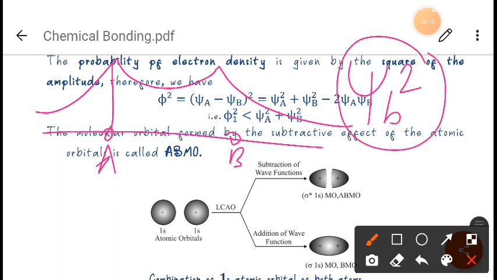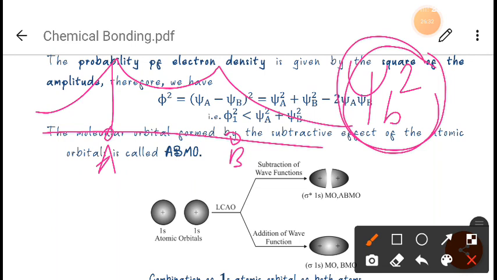So if we increase the value of psi b, the greater will be the charge density between the two nuclei and the stronger will be the bond between them, right? Higher the value of this psi b square, greater will be the charge density between the two nuclei and stronger is the bond between them.